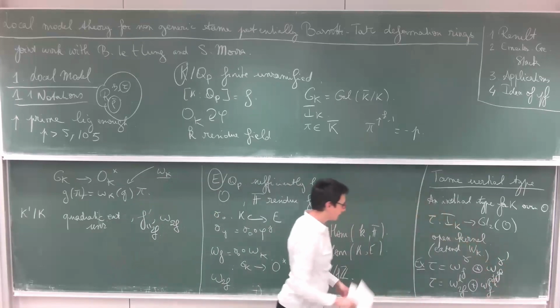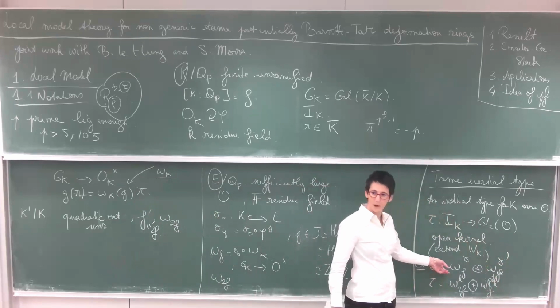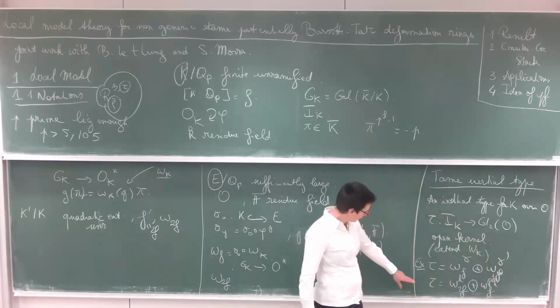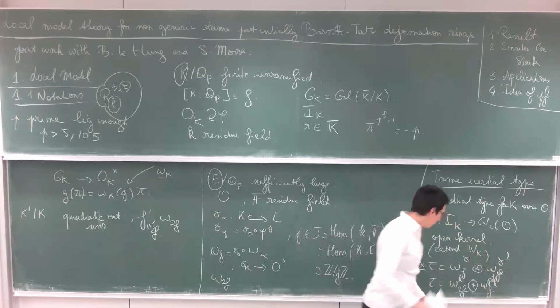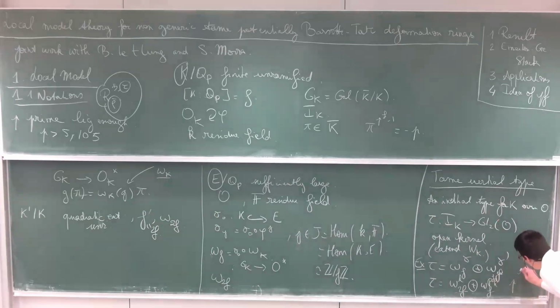And you will say that, okay, this is the same as the previous one. So in order to avoid that this one is the same as the previous one, I will assume that p^(f+1) does not divide h. Okay. So these are the two examples of inertia type I am interested in.